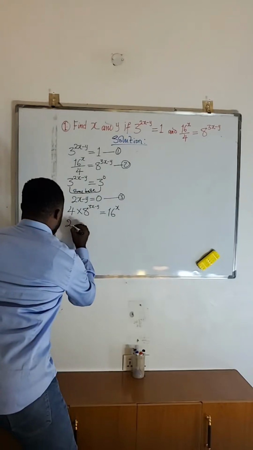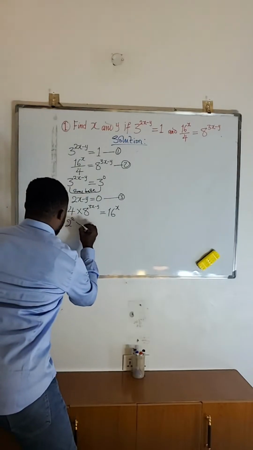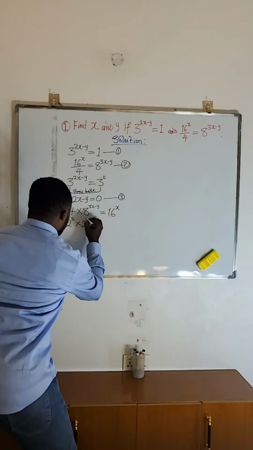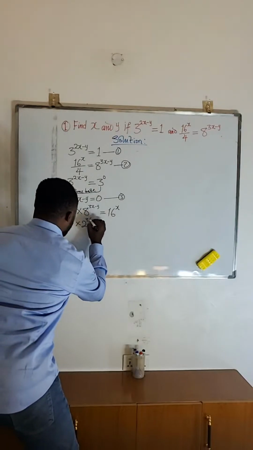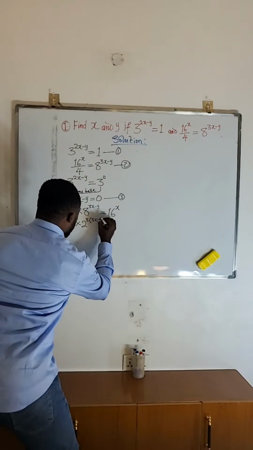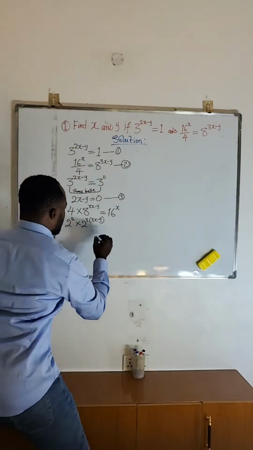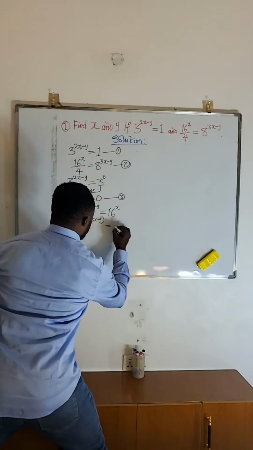Now let's reduce 4 to 2 raised to the power of 2, times 2 raised to the power of 3, which is 8, which will also multiply into the power of 3x minus y, to be equal to 2.